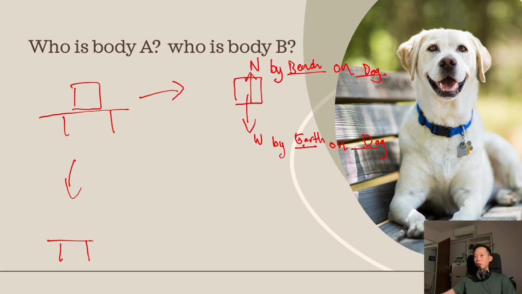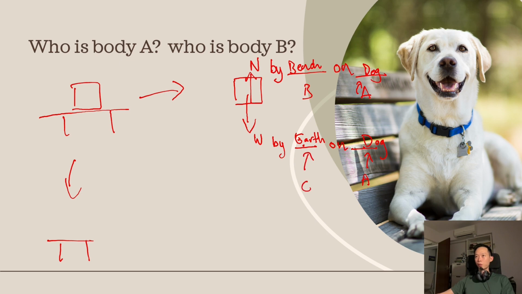Now, a very common mistake is that because this normal contact force and this weight happen to be equal in magnitude and also happen to be opposite in direction, students think that this is an action-reaction pair. This is not correct, okay? Because if we look at it carefully, let's call our dog body A, and the bench body B, then you can see here that the earth is a third body among these things.